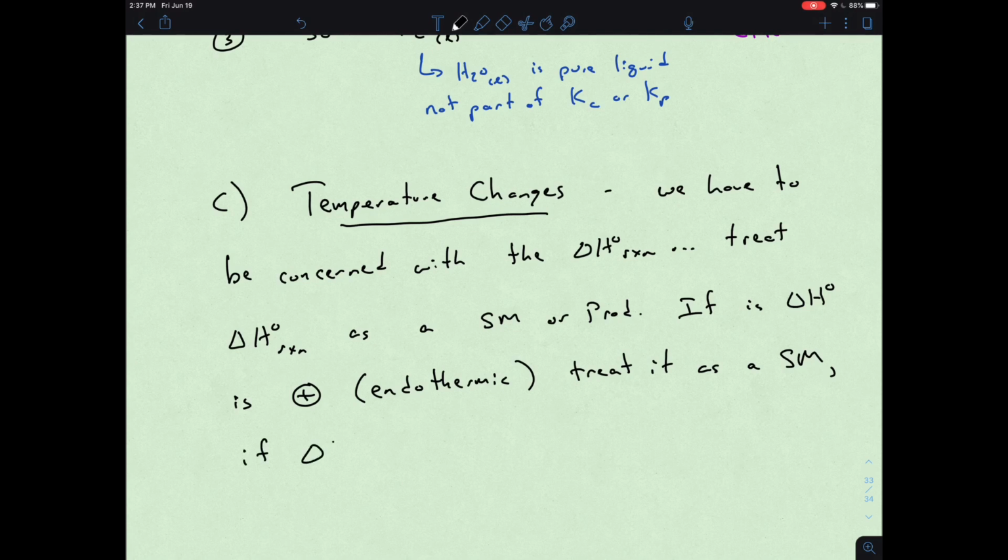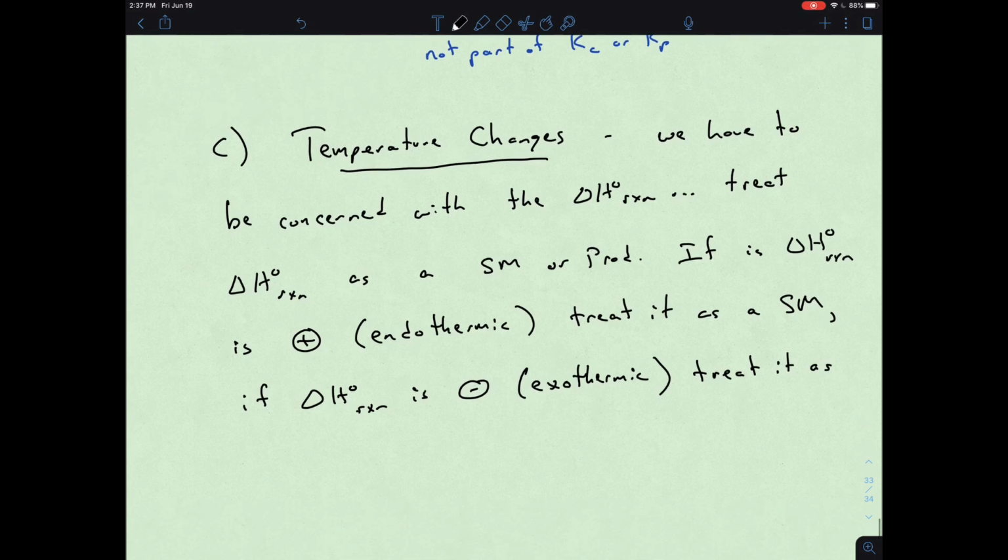If delta H of that reaction is negative, so now we're talking about an exothermic reaction, we would then treat it as a product.